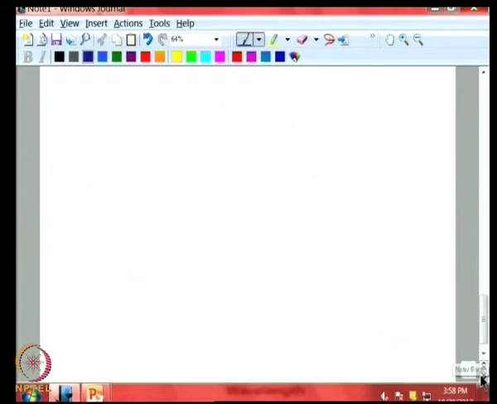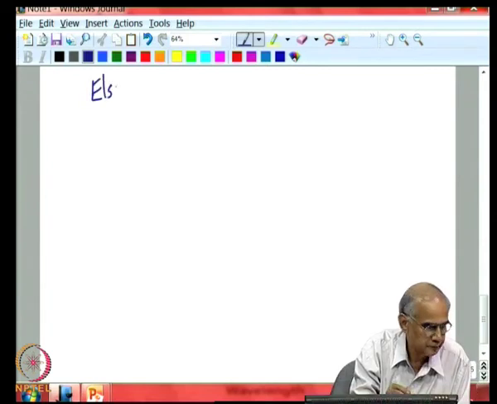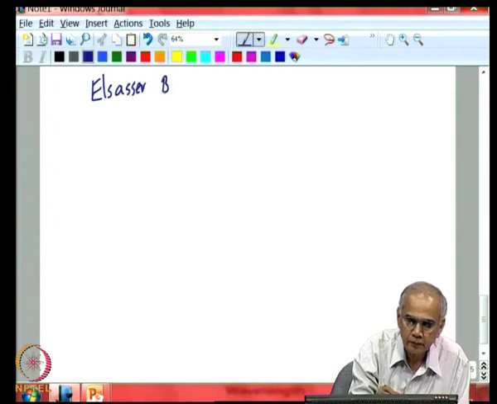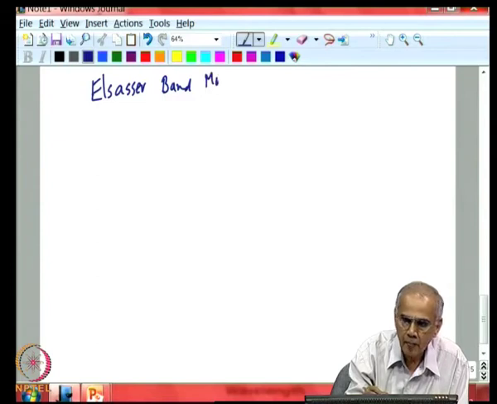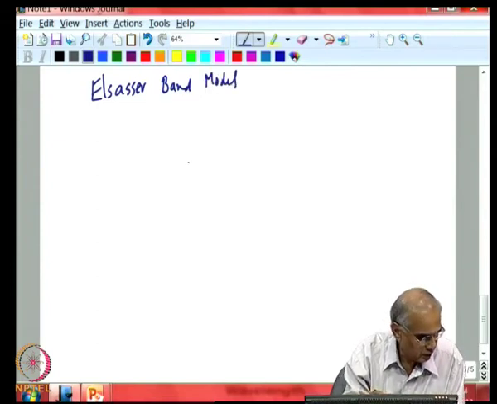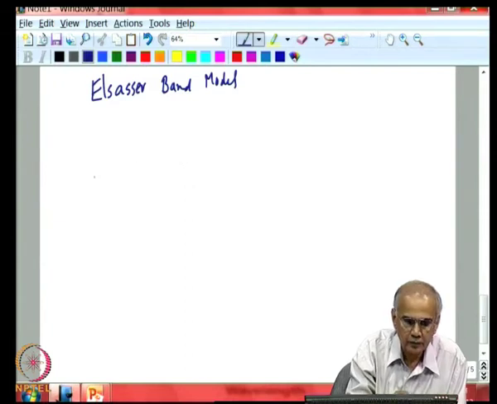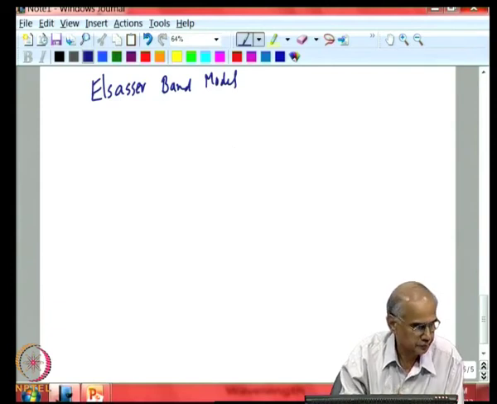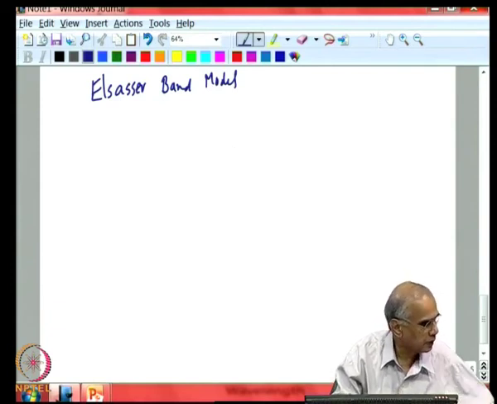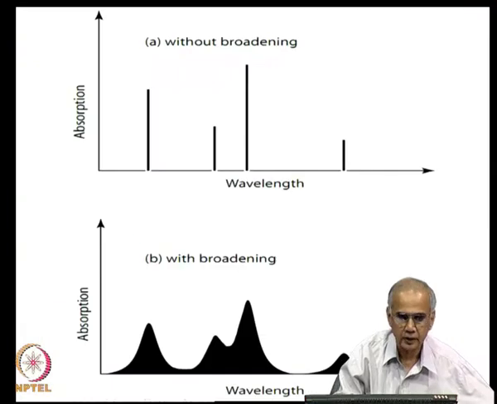So, let us now extend this; it is called the Elsasser band model. So, in the Elsasser band model, the aim was to ask if there are a large number of identical lines in the spectra. Let me just show the example.